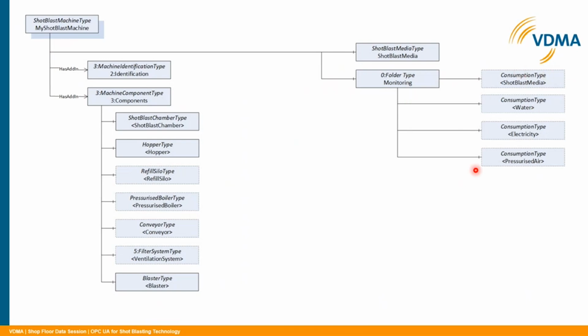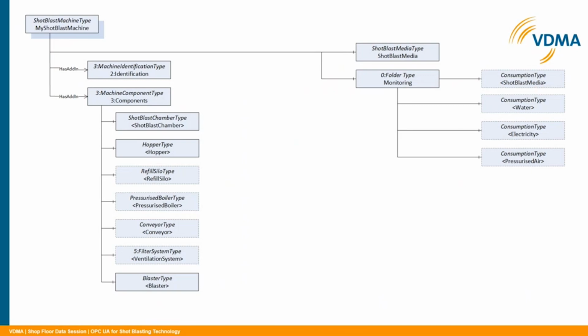And in the monitoring folder, we have the consumptions of our machine. So we defined a consumption type that can be used to map shot blast media consumptions, water consumptions, electricity consumptions, and pressurized air consumptions. And all the other consumptions that you can imagine can be mapped by the consumption type, and they should be placed in the monitoring folder in our shot blast machine type.